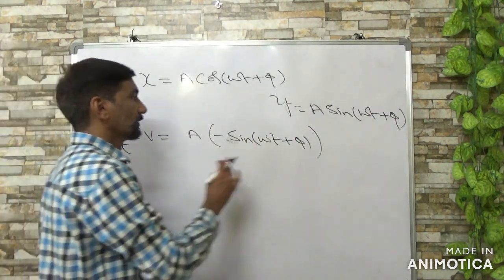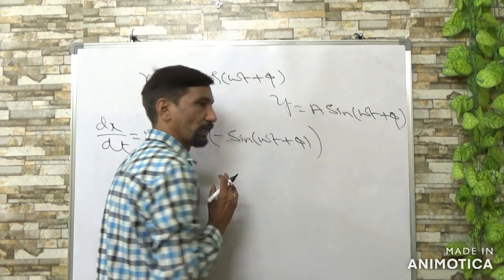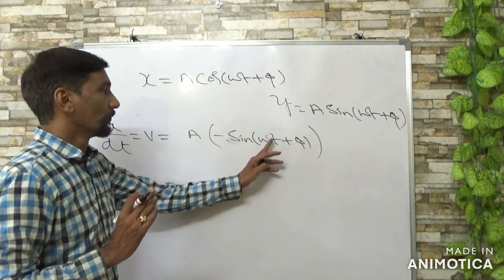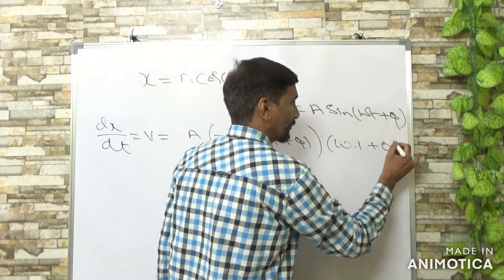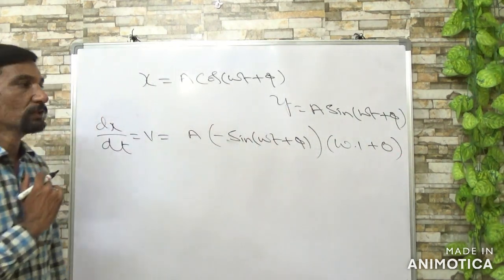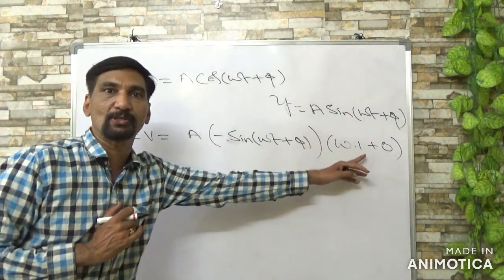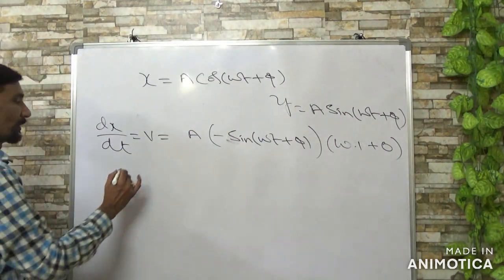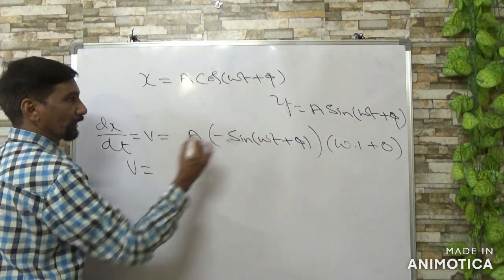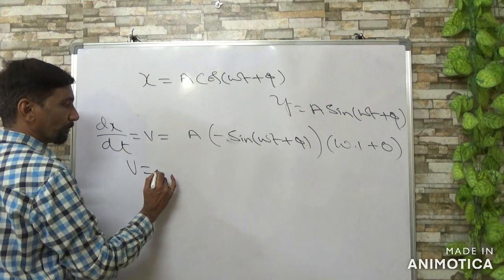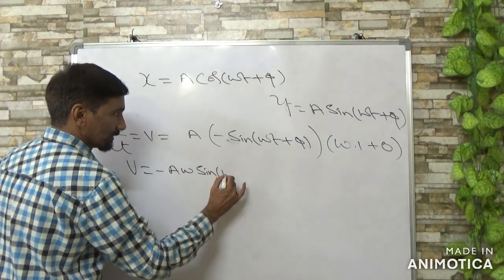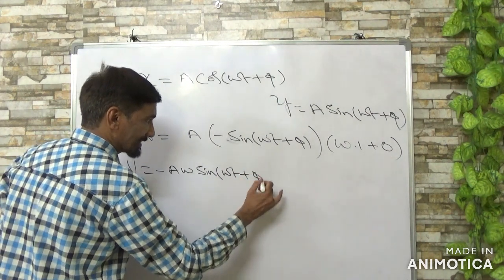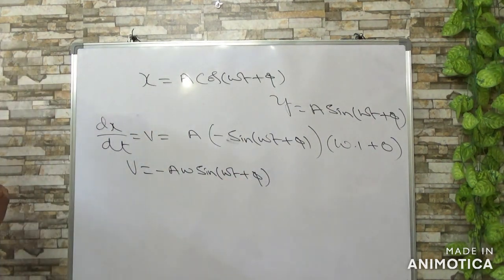We are doing chain rule, you must have studied in differentiation. So omega into 1 plus the constant value 0. The differential value of a constant is always 0. So velocity equal to minus A omega sin(omega t plus pi).